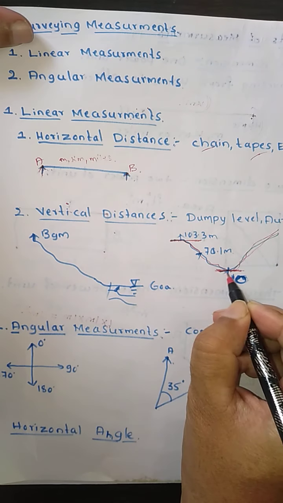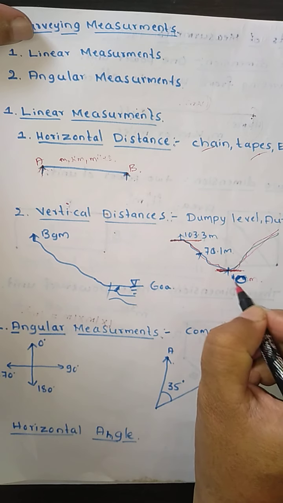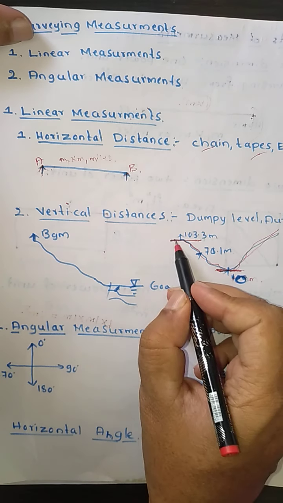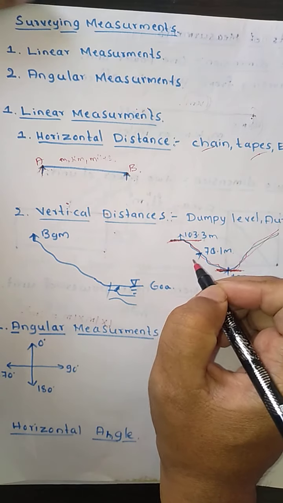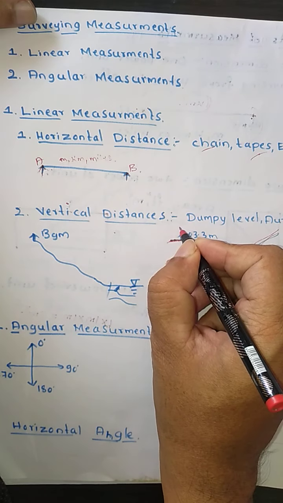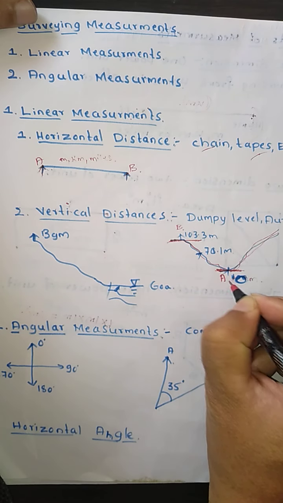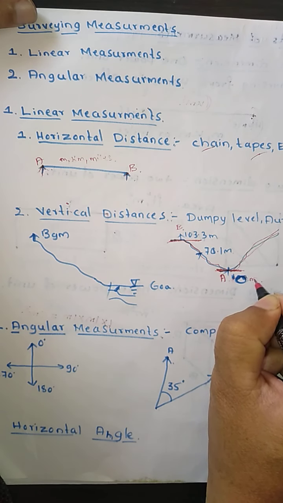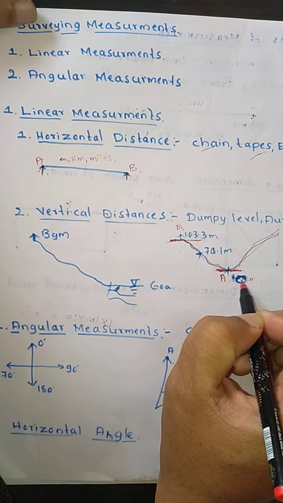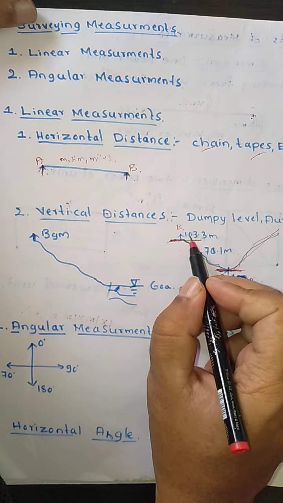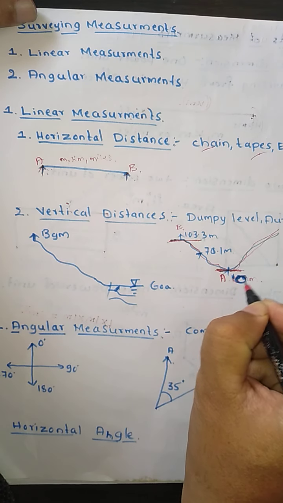Suppose we take this particular height as 0 meter. Then if we want to determine the height of another object, consider point B, and this is point A. A is at 0 meter, and B is at what distance from A? It is at 103.3 meters.